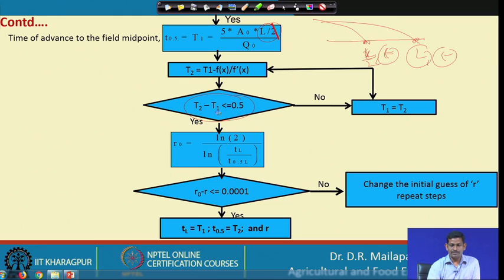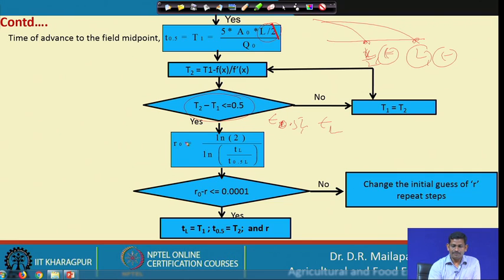We follow the same procedure, the same Newton-Raphson technique and the same iteration procedure, and finally you get T 2 here. I mean this is, let us say, T 0.5. So, one T at the end and one T at 0.5 L. You got two advance points.